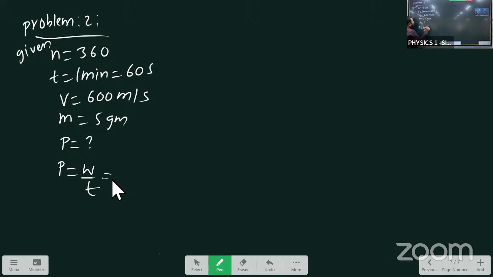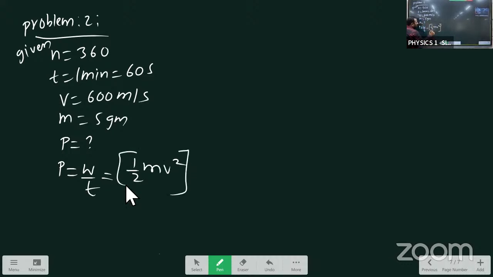Work, time is there, m is there, number of bullets, velocity. Machine gun firing means bullets under motion. When a body is under motion, it has kinetic energy. Work is equivalent to energy, kinetic energy.